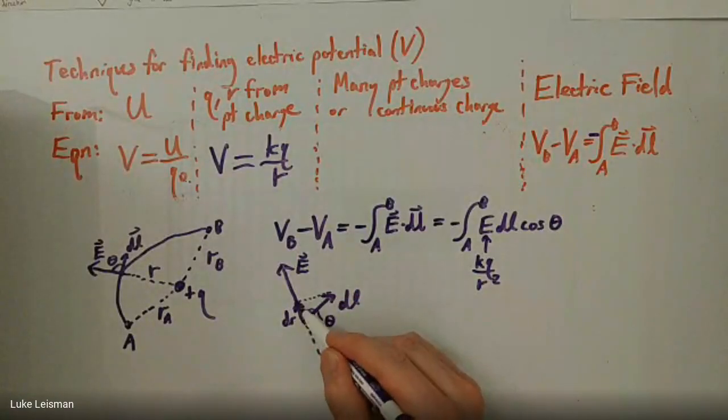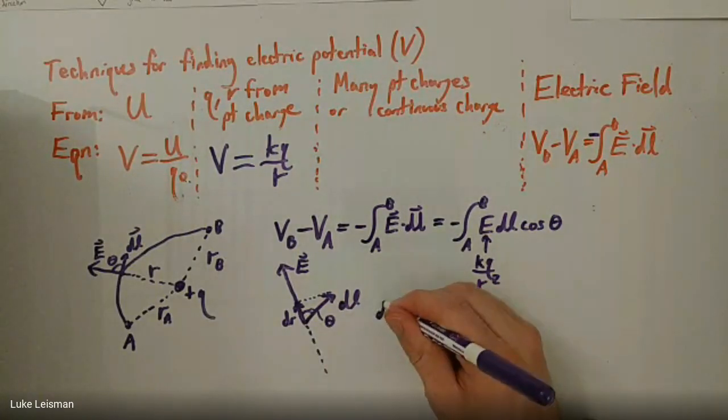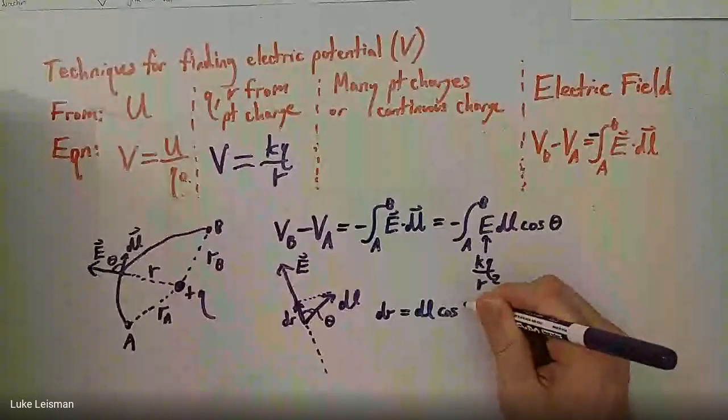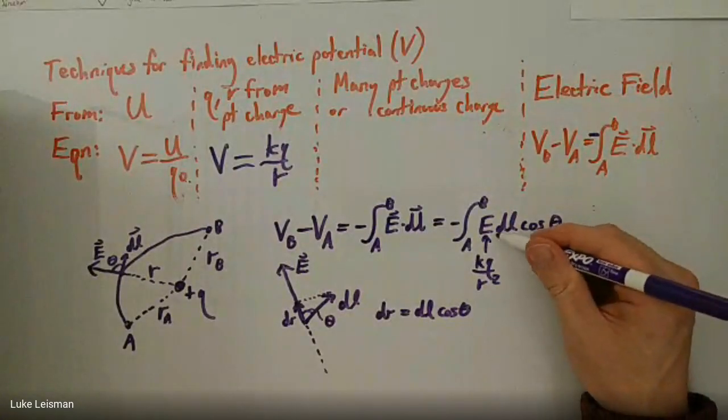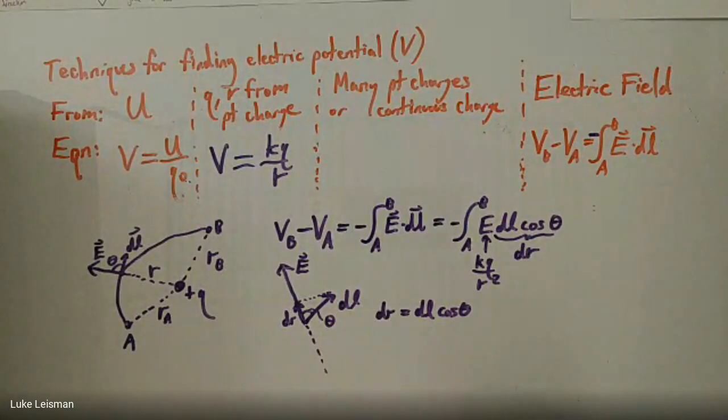Specifically, it's the cosine theta component, the component that's touching the angle. So what we can write is that dr is just dl cosine theta. Or if we look back at our equation, dl cosine theta, we can replace that with dr.